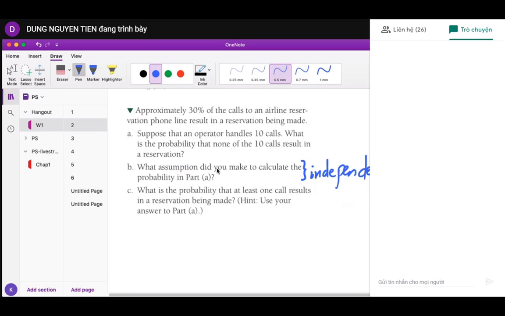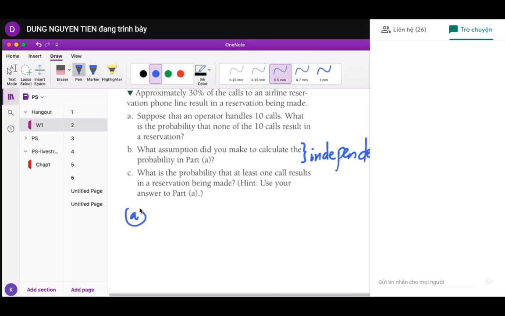How about question A? You want to find the probability that none of 10 calls result in a reservation.